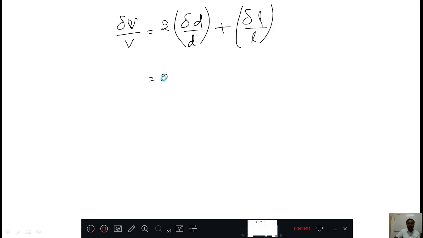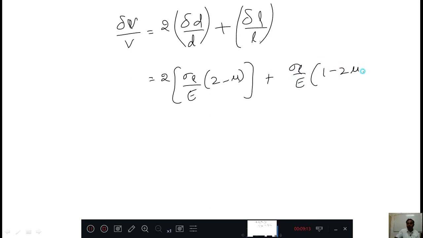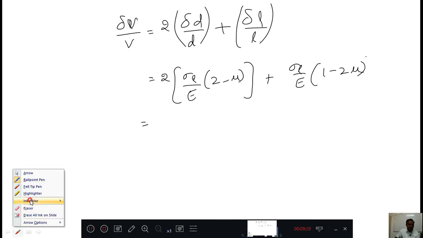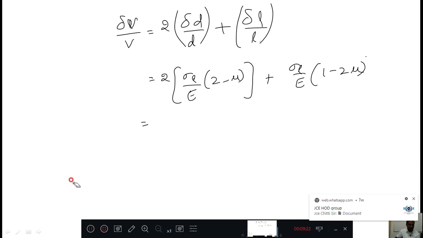So this is 2 into sigma L by E into 2 minus mu, plus delta L by L, which is sigma L by E into 1 minus 2 mu. Then this bracket is not required because only one parameter is there, so I will remove this bracket.